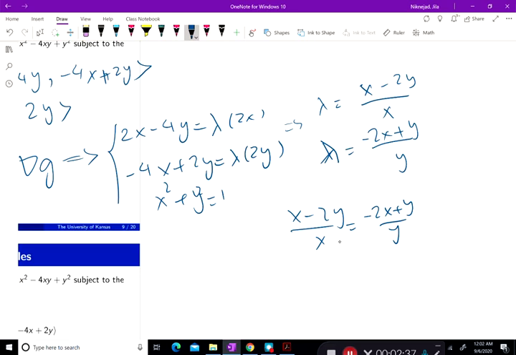So one thing to consider before continuing further: you're assuming here that x and y are not equal to 0. There is a possibility that x and y equal to 0, that point satisfies the first two equations.